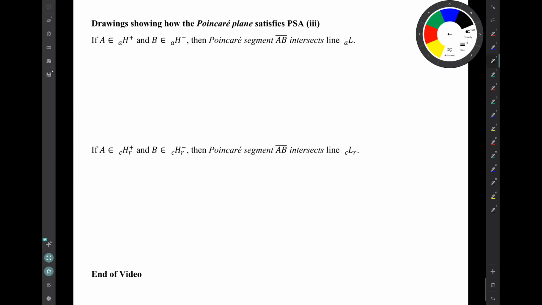Finally, I'll make some drawings showing how the Poincaré plane satisfies PSA 3. I'm going to start by drawing an illustration showing that if point A is in that Poincaré type 1 half-plane with a plus, and point B is in the Poincaré half-plane type 1 with a minus, then the segment AB does intersect that Poincaré type 1 line.